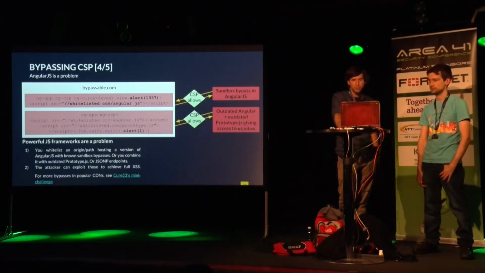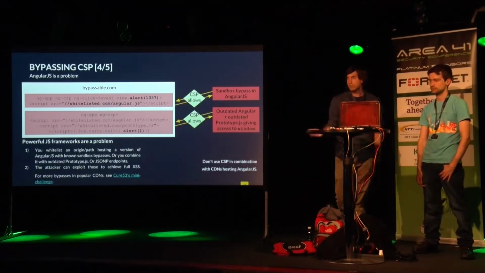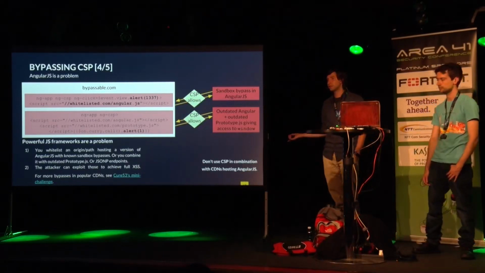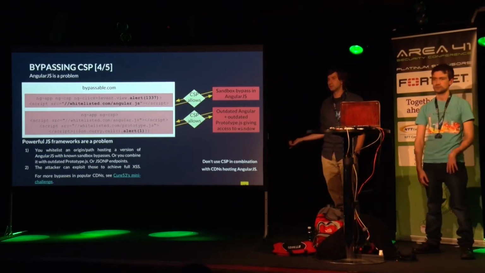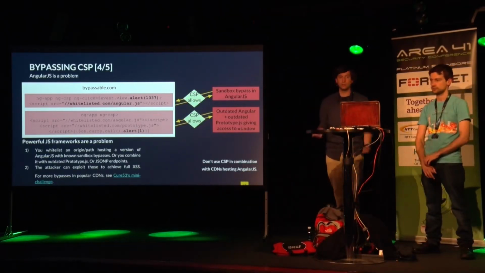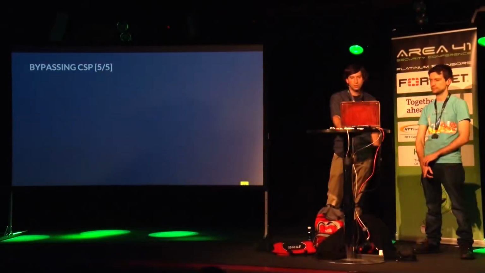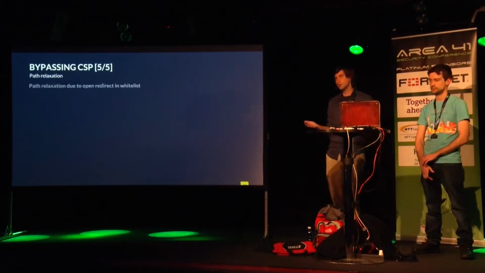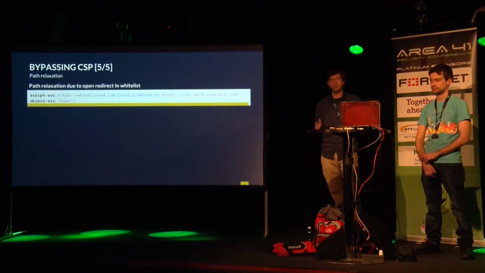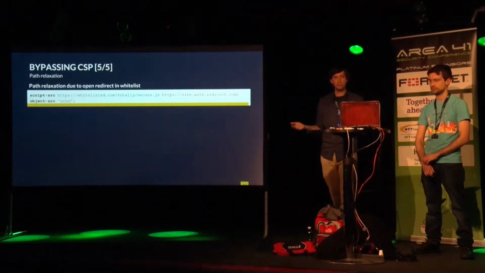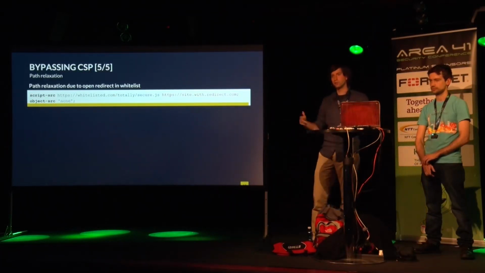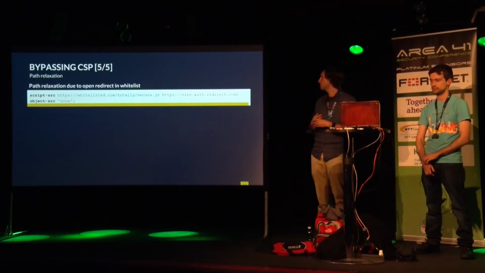So the thing is, again, Angular libraries are also hosted on CDNs, and maybe you host it yourself on your same domain, right? So that's a bit unfortunate. And then, in theory, you could maybe whitelist all files explicitly, like the full path and the file name. CSP lets you do that.